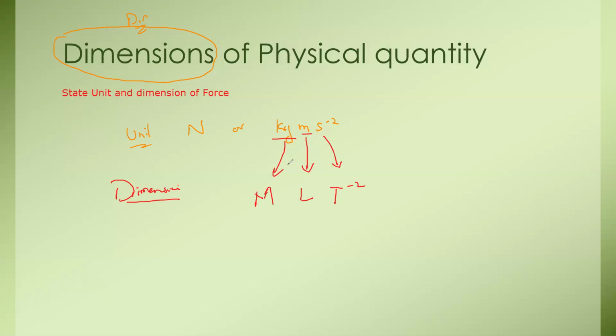Is this clear? Is anyone having a doubt or a question till this point? No? Okay. So can you state the dimension of energy or work? I will write the unit.